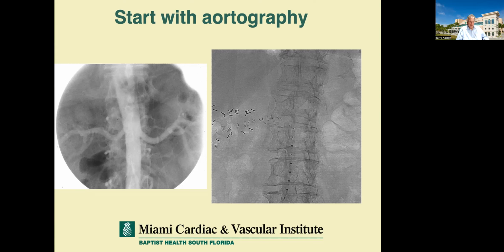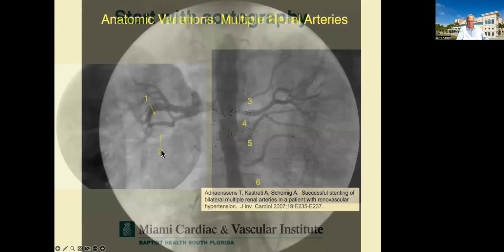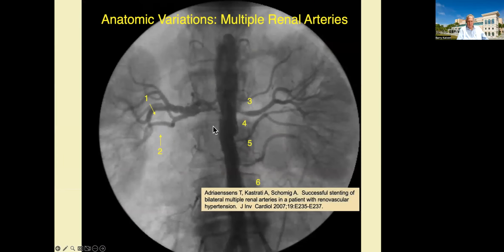Generally, we will do an aortogram first, not just go to selective studies. One of the reasons is we need to make sure there's no disease here in the ostium of the renal arteries. Here you can see an aortogram that demonstrates a couple of interesting things. On the right here, there are two renal arteries, one here that has a string of beads, and another one that's a very small lower renal artery that has a branch right here that's stenotic and filling backwards.